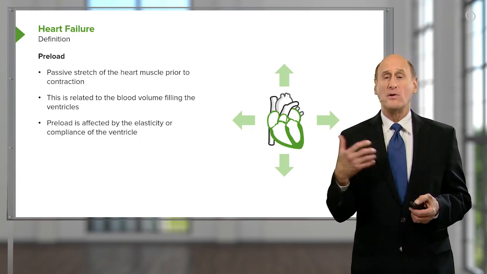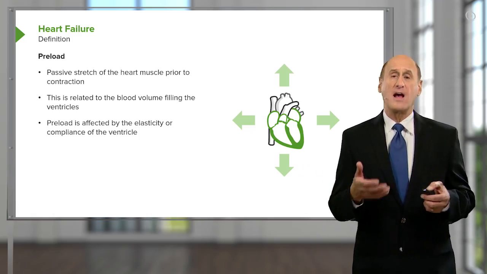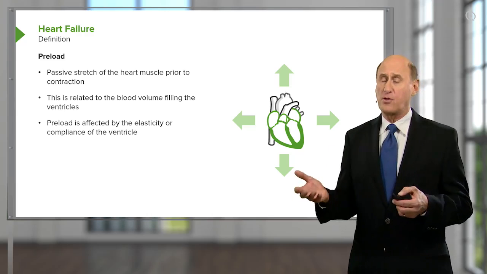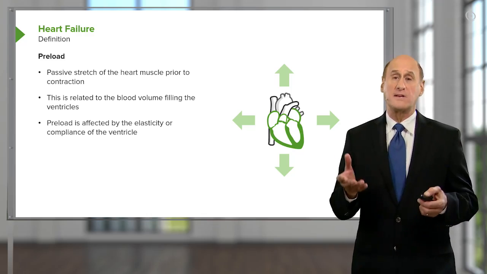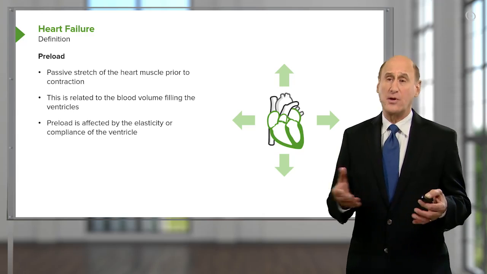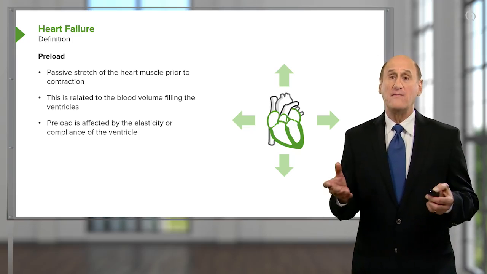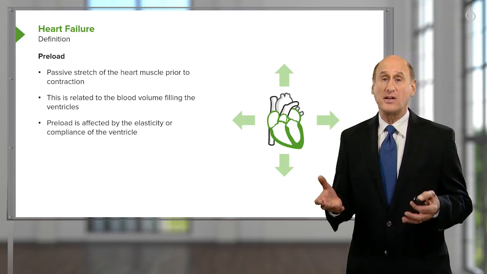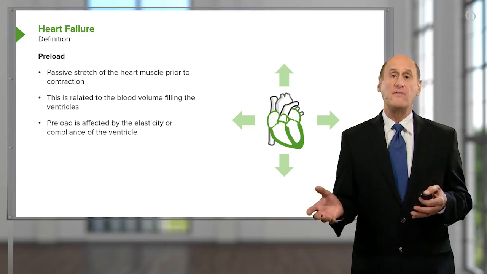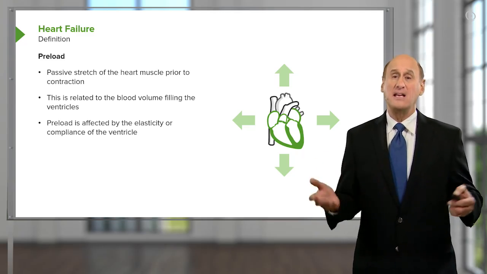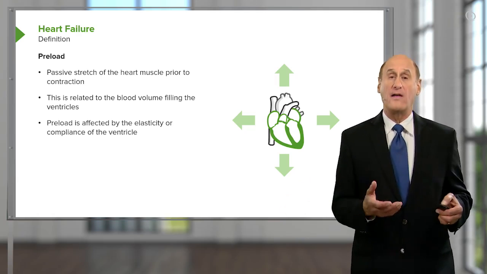This happens with some of the compensatory mechanisms that increase the blood volume, and consequently, preload may be increased in the heart, and what increased preload leads to is increased filling pressures in the ventricle during diastole, during the rest period. Those increased pressures are transmitted back to the lungs and even back to the rest of the body, leading to fluid accumulation in the tissues of the lung and the rest of the body.